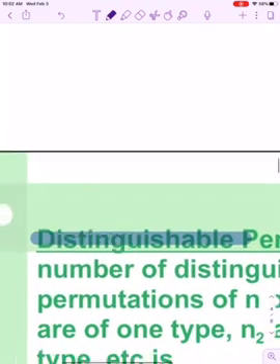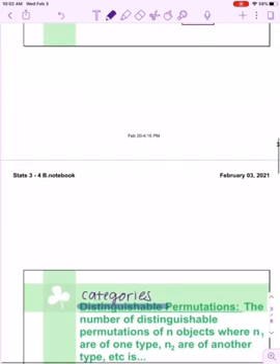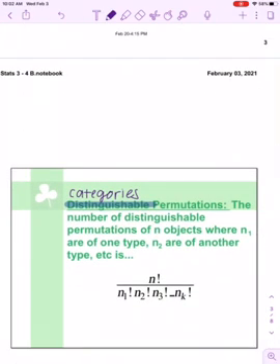Distinguishable are the categories, like you have different categories of things. These will say the word distinguishable. So you know you need to use this one if it says the word distinguishable. There are different categories, like we're going to do one with trees. So you've got different types of trees.